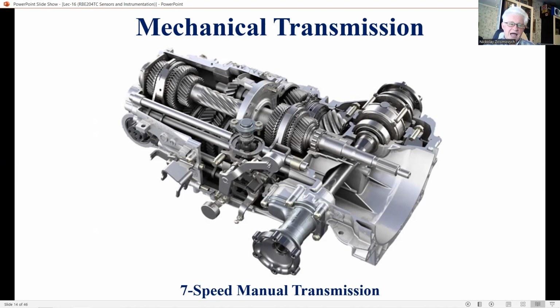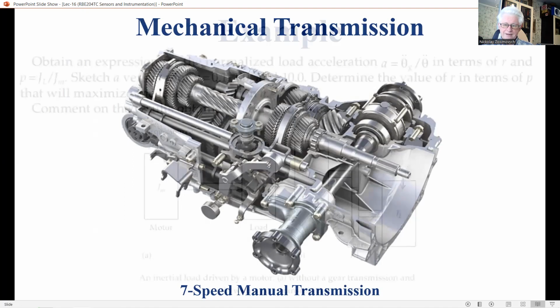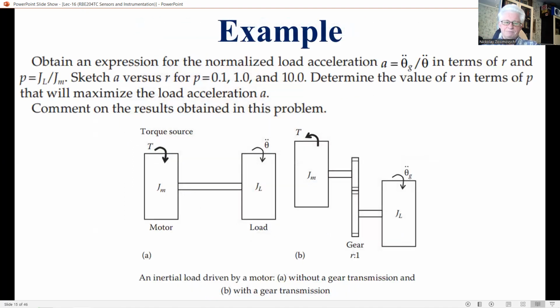By including a suitable gear transmission between the motor and the load, it is possible to modify the speed-torque characteristics of the drive system as felt by the load. This is a process of component interconnection, interfacing, and impedance matching of mechanical systems. We will illustrate the application of these concepts using an example. Okay? So let's see our example.